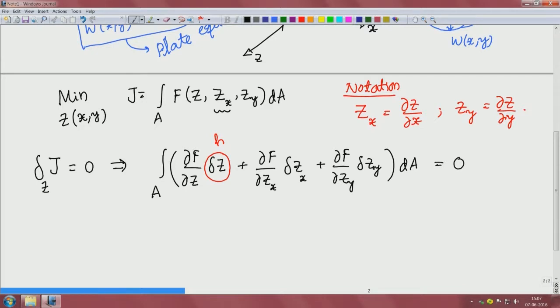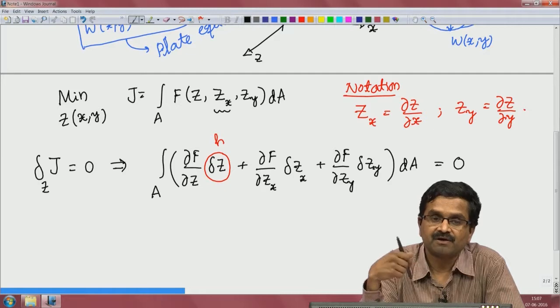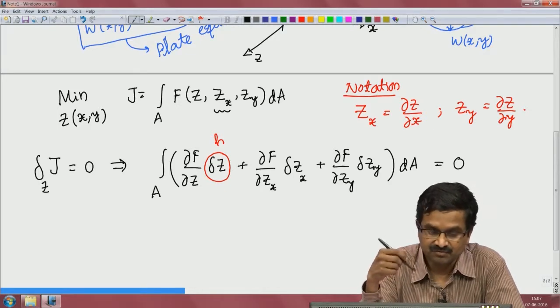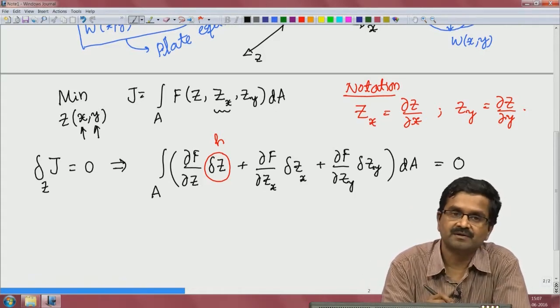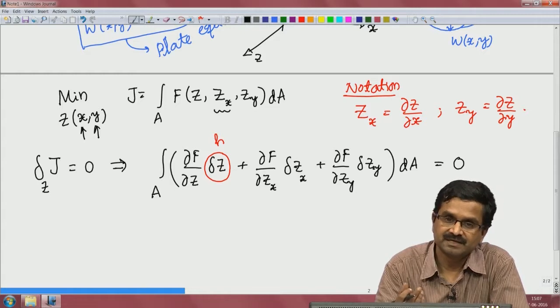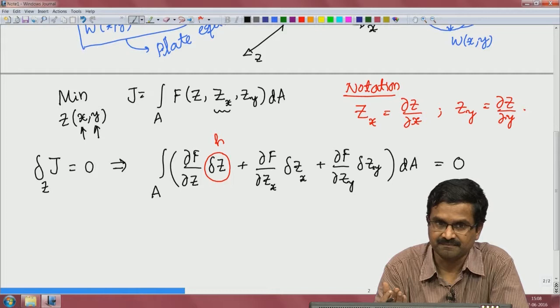Okay. Now, if you remember when we had the first derivative y prime or dy by dx, in order to derive the Euler-Lagrange equation, we had done integration by parts. In the case of 2 dimensions, meaning we have two variables x and y, we have to use something that is equivalent to integration by parts in 2 dimensions, that is Green's theorem. Okay.